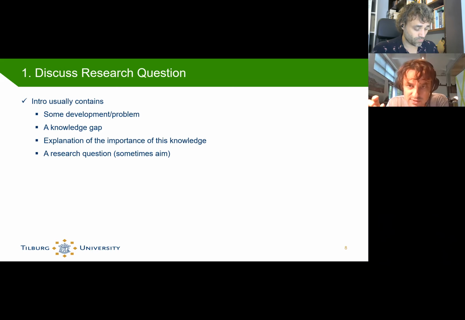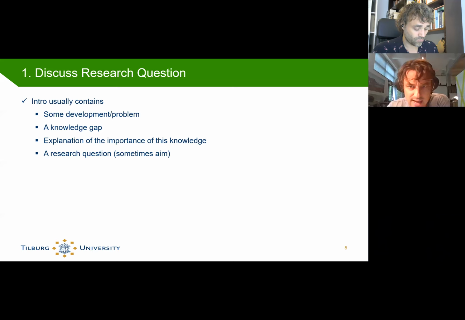Starting with that problem, there is always something that we do not understand about that problem. And that is the second element, that is a knowledge gap. That is usually a sentence, you probably recognize it: although we know a lot about this and this and this, no research has been done on such and such.